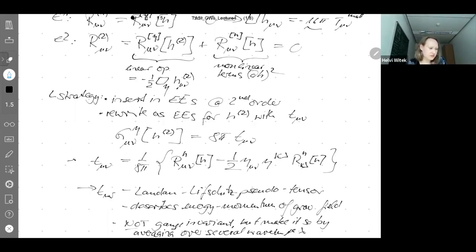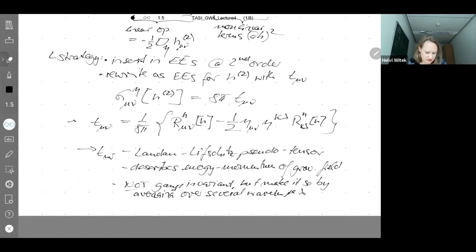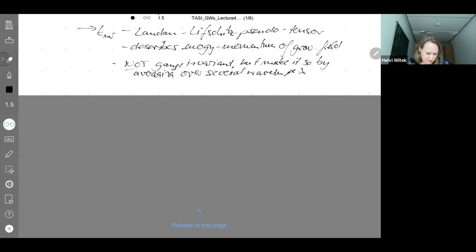Yeah, so we are working in the transverse traceless gauge that we have seen in the second lecture. We will average, and we will use partial integration repeatedly to find terms that are divergences so that they vanish.